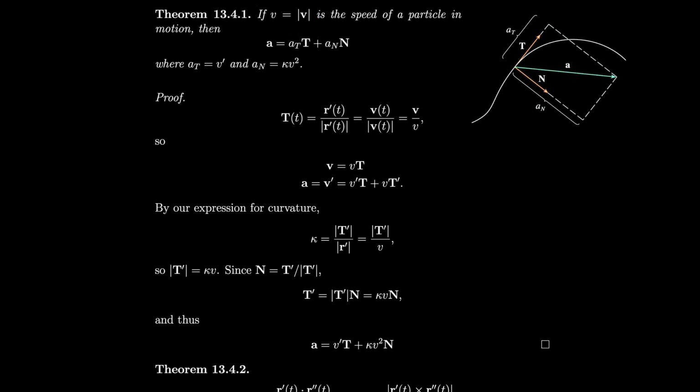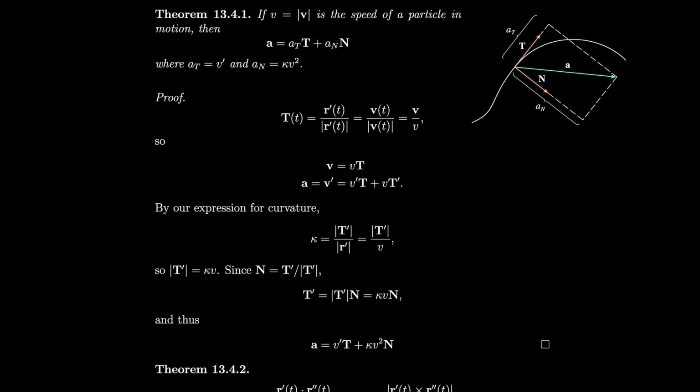Okay, so that means that we can multiply both sides by speed, and we get that velocity is equal to speed times our unit tangent. Acceleration is the derivative of that. So we can take the derivative using the product rule, and we get that that's just v prime times our unit tangent plus v times the derivative of the unit tangent.